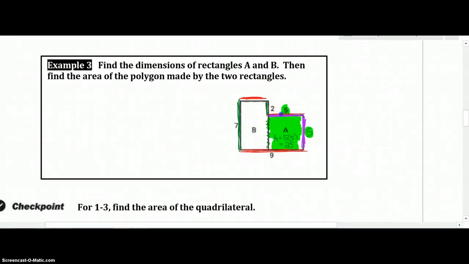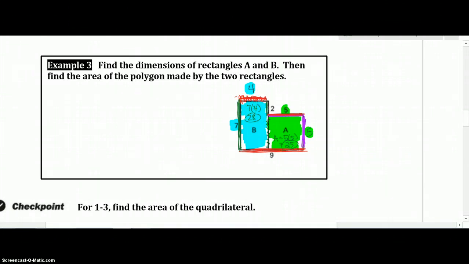We know that this is 5. So if this is 9, this is 5, what does this have to be? 4, because then you have 4 plus 5 is 9 for that whole distance. Okay? So if we want to find the area of rectangle B, we are using the dimensions 7 and 4. So the area would be 7 times 4, or 28.